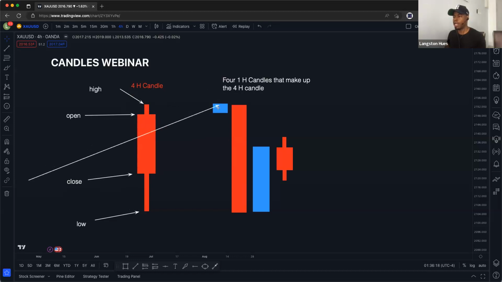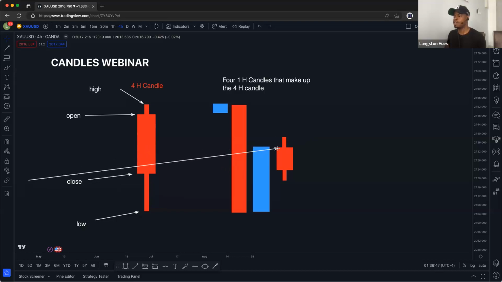So now if we're looking at the 1-hour candles that make up this 4-hour candle, each candle has a life of 1 hour. So it probably had our 1-hour candle that opened up like this and closed right here, creating this top wick. Then you had maybe our next candle coming all the way down to create this low right here. Then we had a bullish candle coming back up to here, maybe creating this wick right here, but closing right above here.